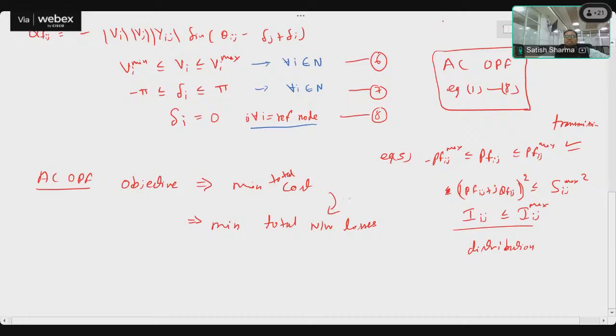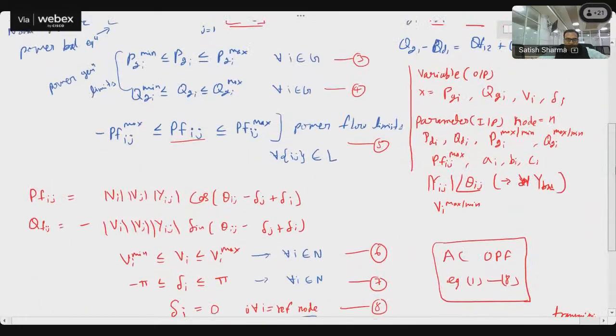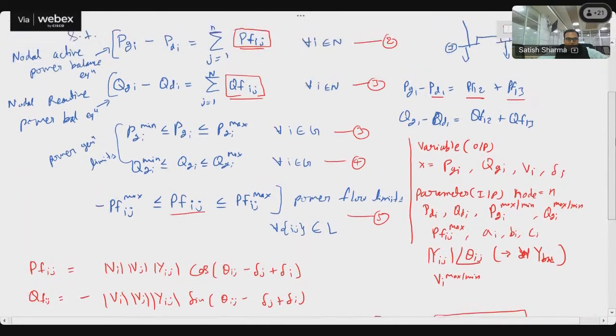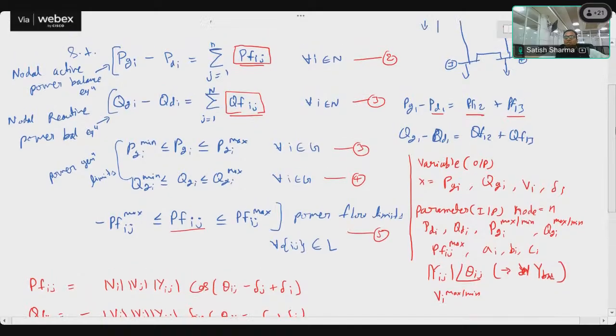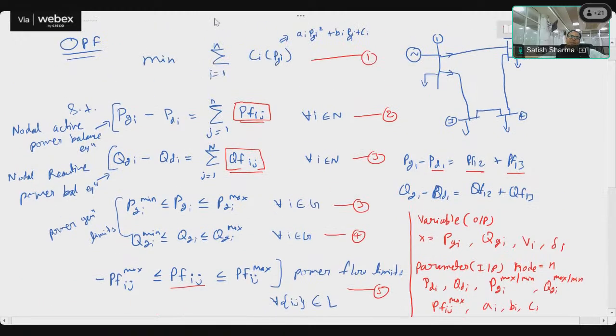Can anybody tell me how we can calculate the network losses in this particular case? Network losses means, again, I am talking about only active power losses, not the reactive power losses. So this is my objective function. Instead of this Ci PGi, I will put the losses in the network. And what will be those losses?